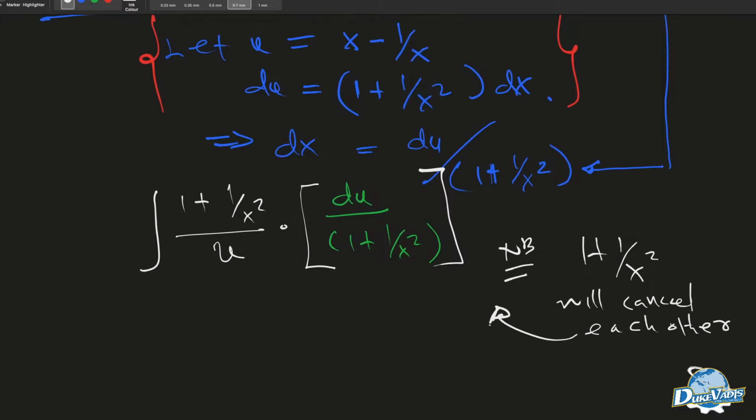So if we say that our 1 plus s squared will cancel 1 plus s squared over here. Isn't that beautiful? This one will cancel this.